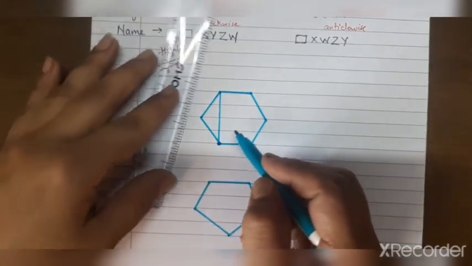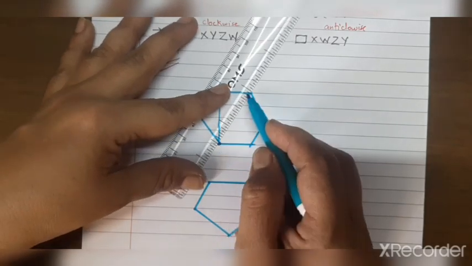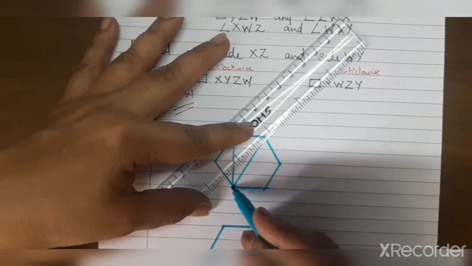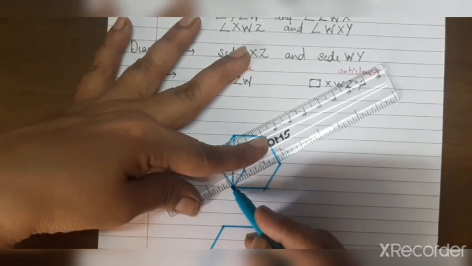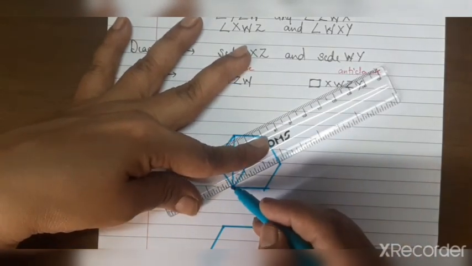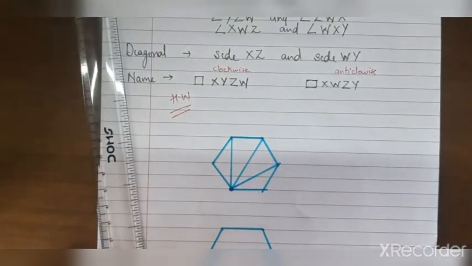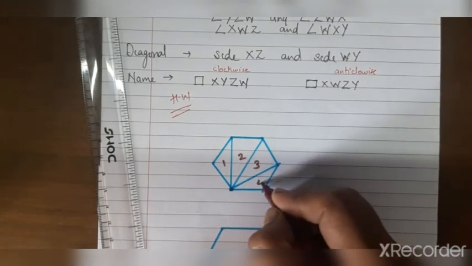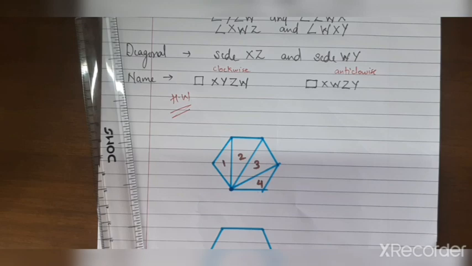This one triangle I have formed. From this vertex, choose one corner and see how many triangles are formed. Okay, this if I join. Now if I join this, I am getting, we'll just count, 1, 2, 3, 4. So I am getting 4 triangles here.